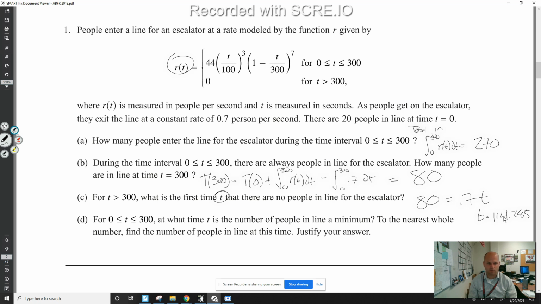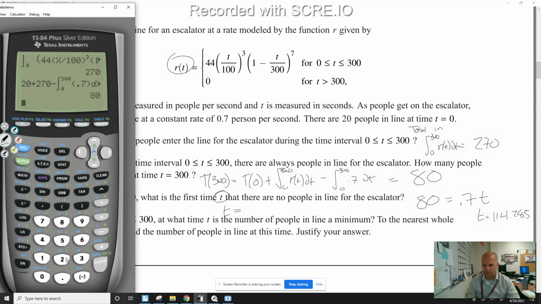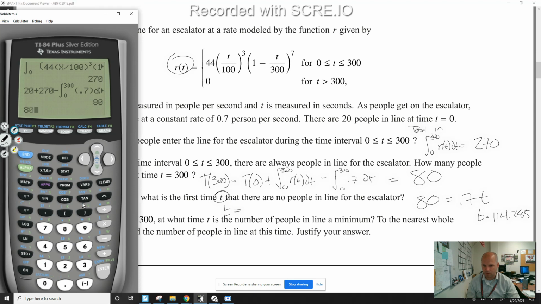It's not at 114.285, it's 114.285 plus 300. It'll take me that many seconds and then plus 300. So 414.285.